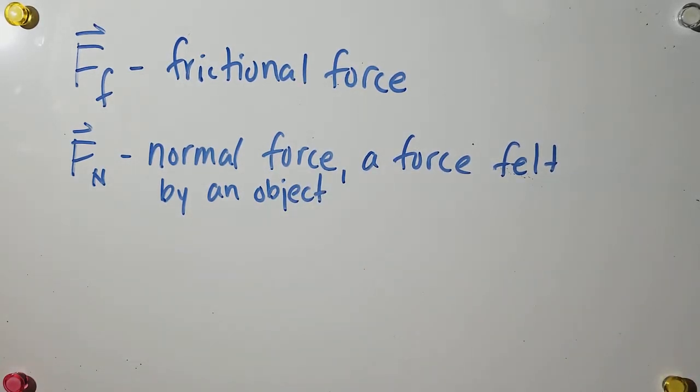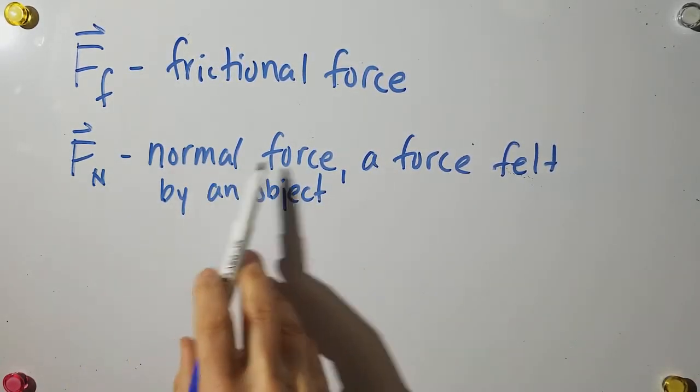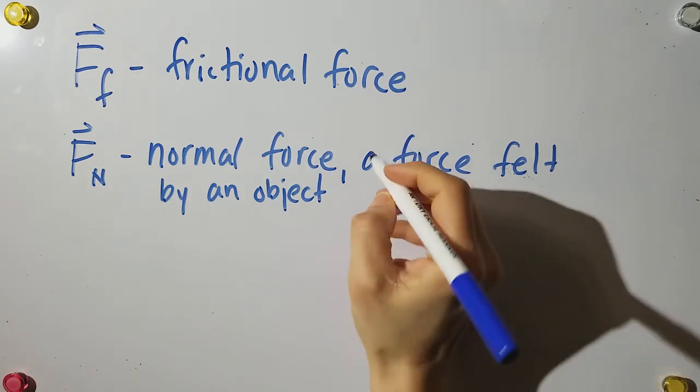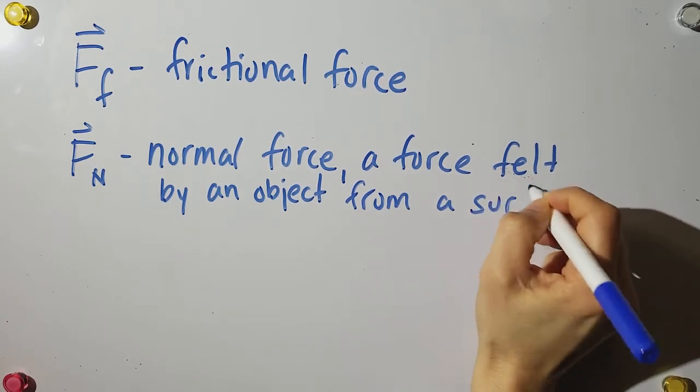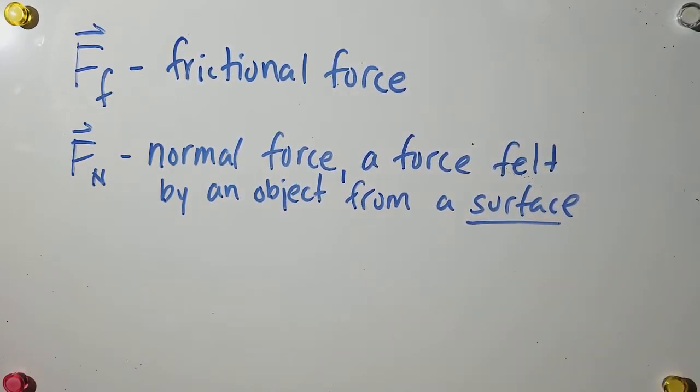It wouldn't be a Goric lesson if I spelled something wrong. All right, so the normal force. It's a force felt by an object from a surface. So it has to be in contact with a surface.